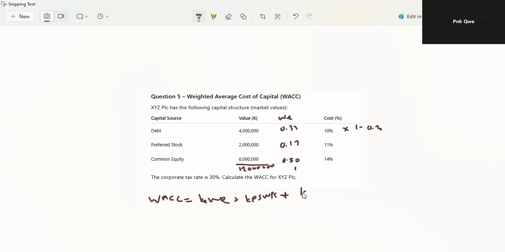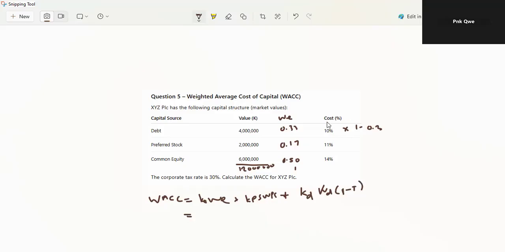Cost of debt times weight of debt, except the debt has a tax shield, which is what? 1 minus tax. So are we together so far?